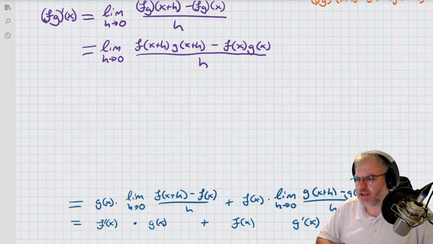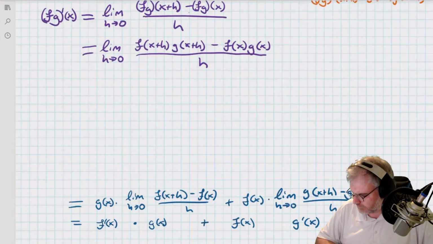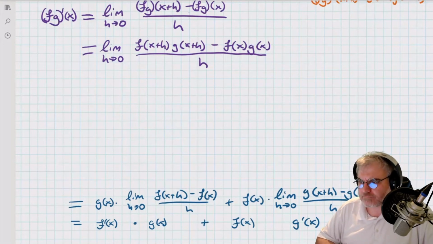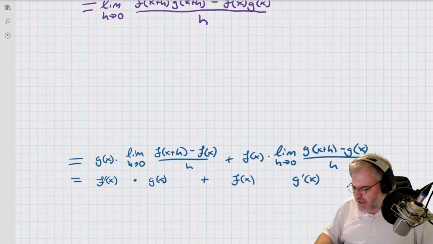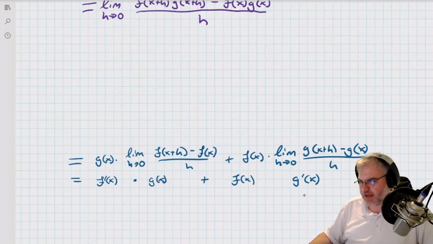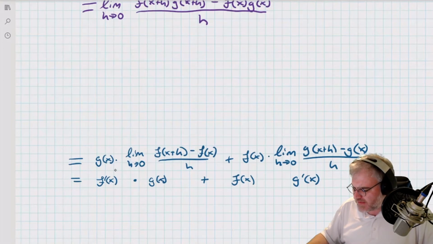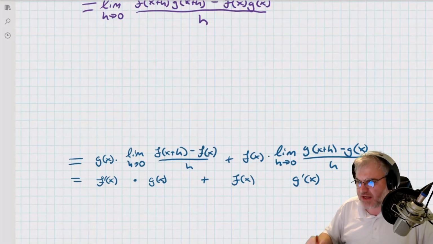How do we feel about that? That's just what the end is going to have to look like. When all is said and done, I want f prime of x times g of x plus f of x times g prime of x. So above that, somewhere I'm going to have the definition of f prime, somewhere I'm going to have the definition of g prime, and here I'm going to have the f and the g.